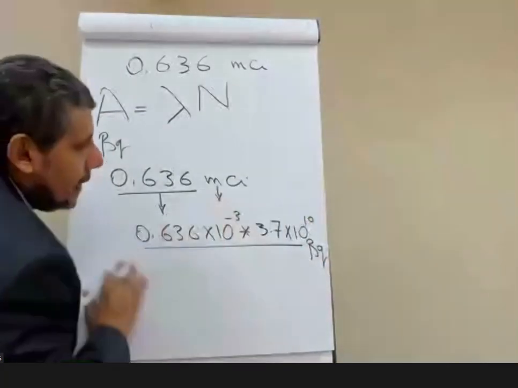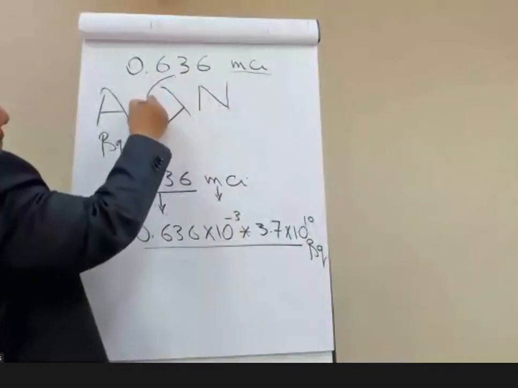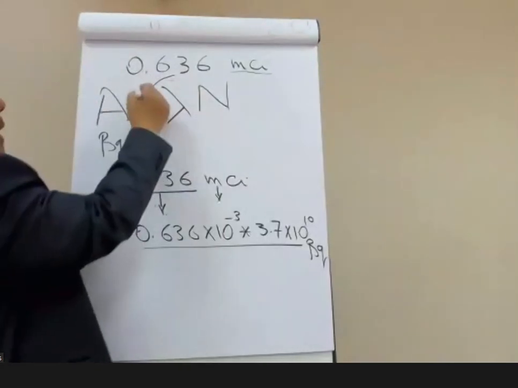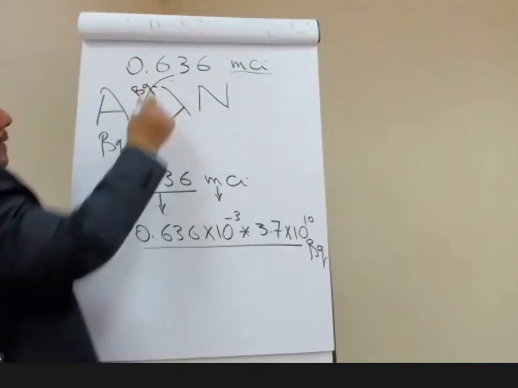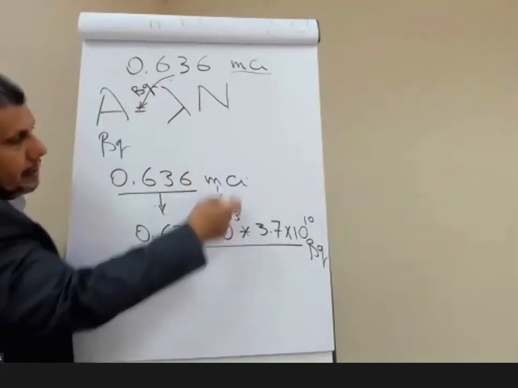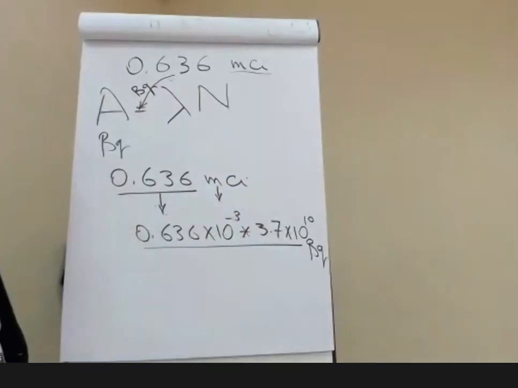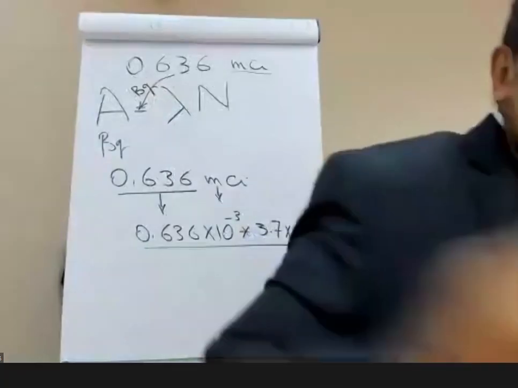So this is now becquerel. Don't use this activity directly here. You must convert it to becquerel, as we did now. Number, milli 10^-3, curie 3.7 × 10^10 becquerel. Now calculate this, you have it in becquerel.